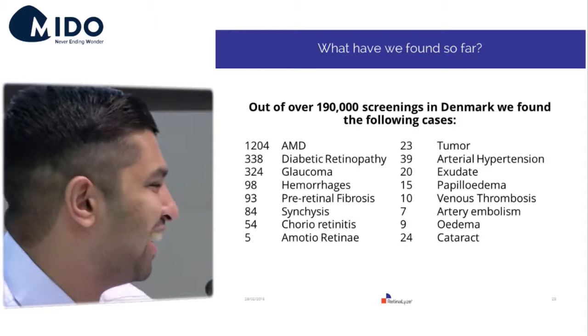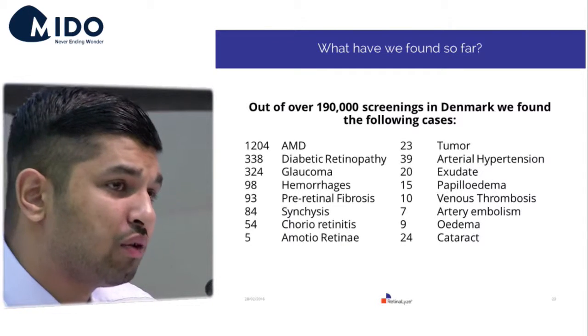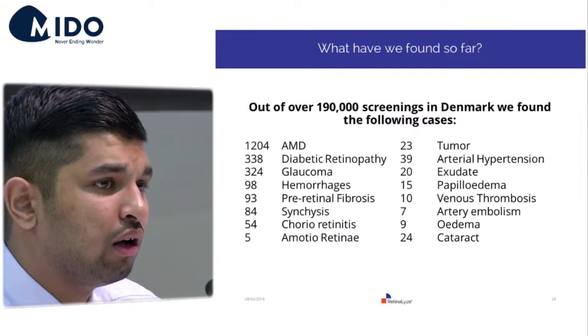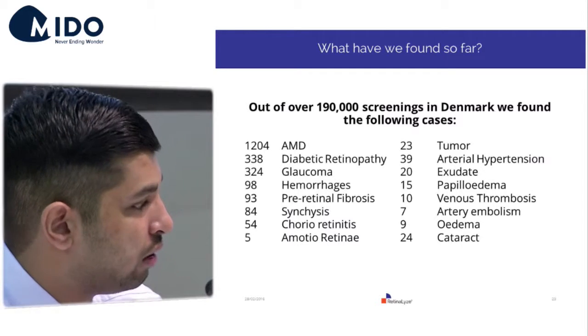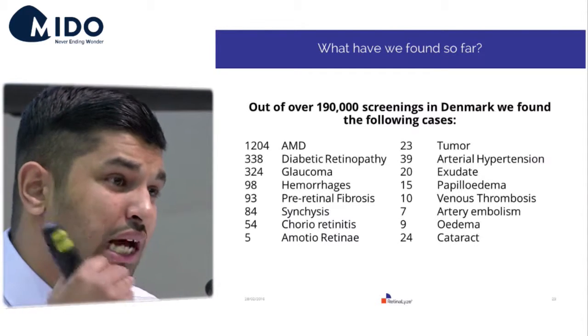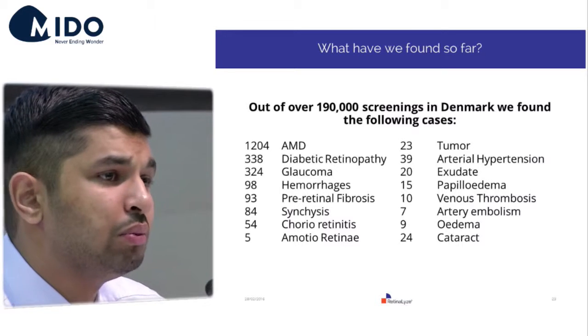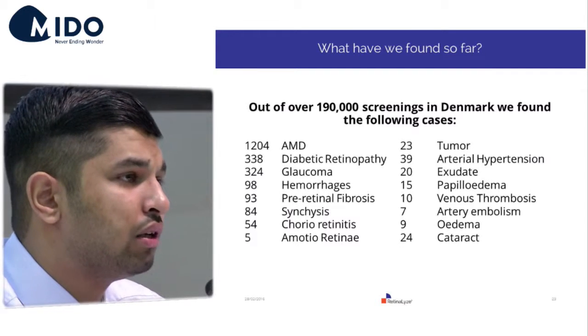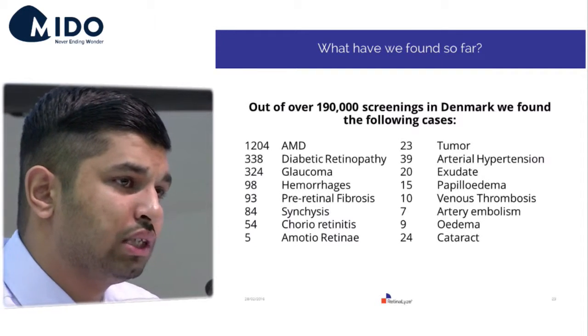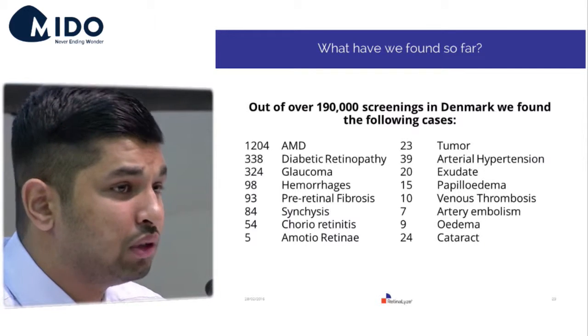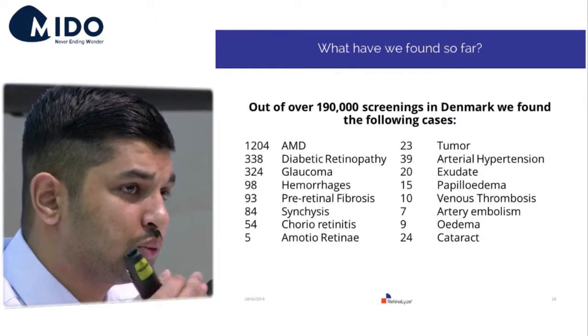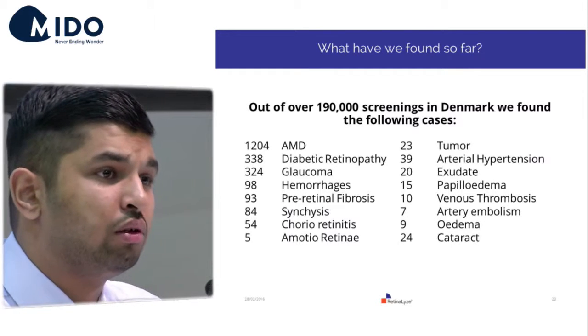Also cases of cataract or artery embolism, high blood pressure, and also retinal detachments, amotio retinae, which means that the stores have actually saved people from going blind within the next 3 days. This was with the help of RetinaLyze and the attached ophthalmologists.